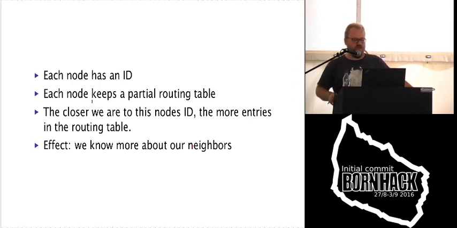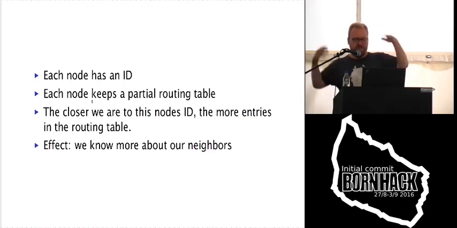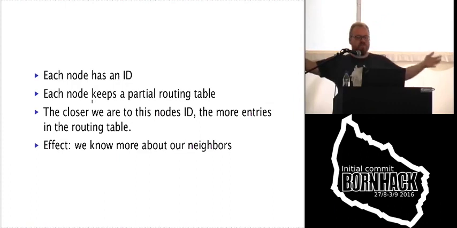And the trick is that you're building it in a way such that the closer... So you have an identity. Each node has an identity in the routing table and has an identity in the search space, which is the same space as we store identities which we map to IP port pairs. And the closer we are to ourselves, the more nodes we know.